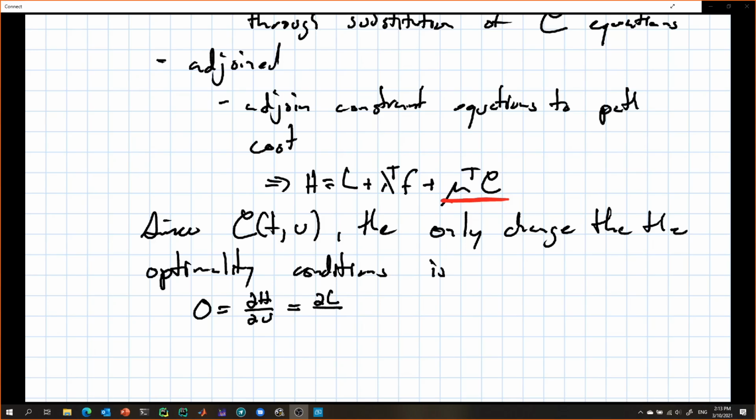But instead of what it was before, we have the partial with respect to the path cost plus the dynamics, which are adjoined, plus the term that is of a path cost. Okay, so there we have that.